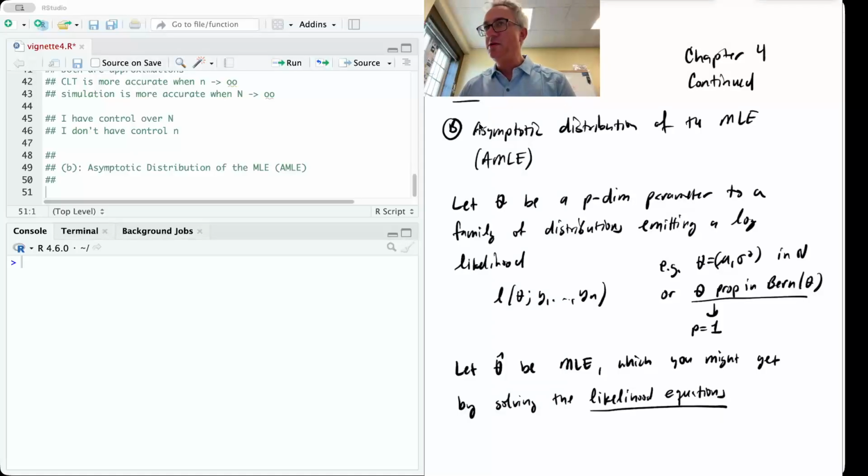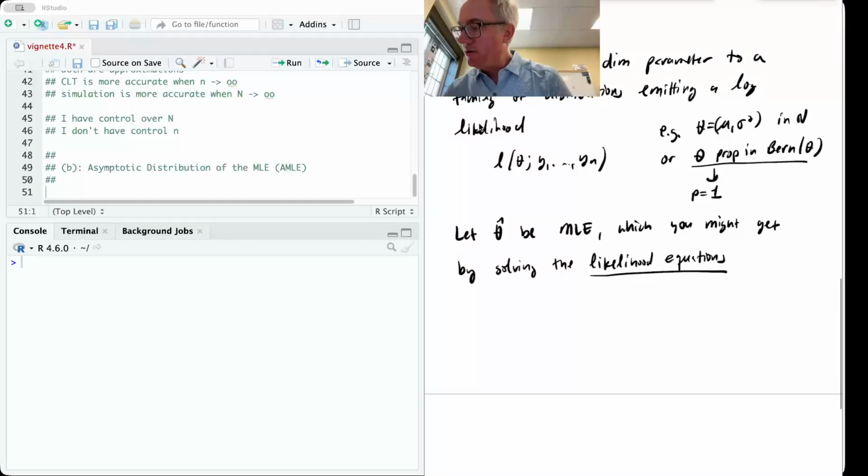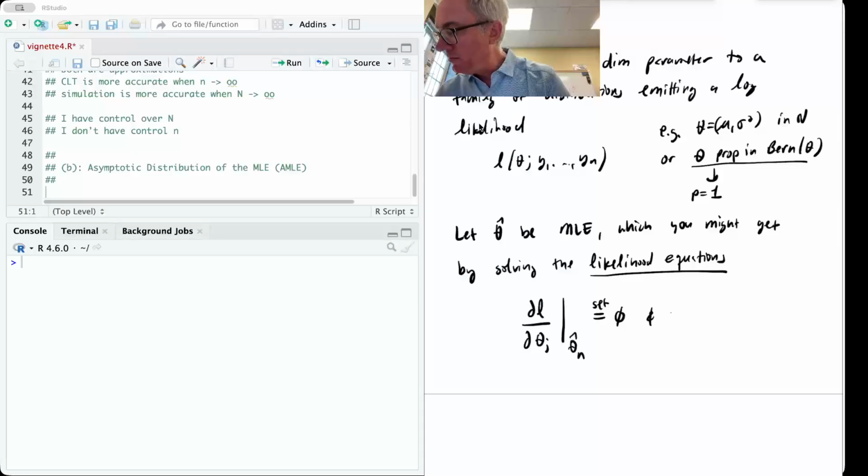That's just a fancy way of saying that you're going to take the derivative of the log likelihood with respect to the components of the parameter vector evaluated at our notation for the MLE, set those equal to 0, and solve for j equals 1 up to p.